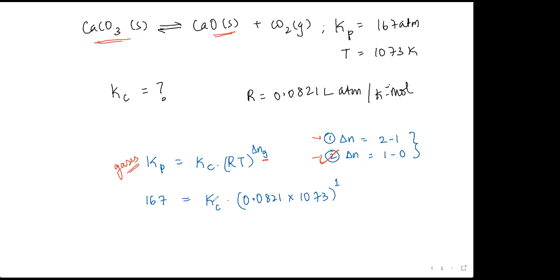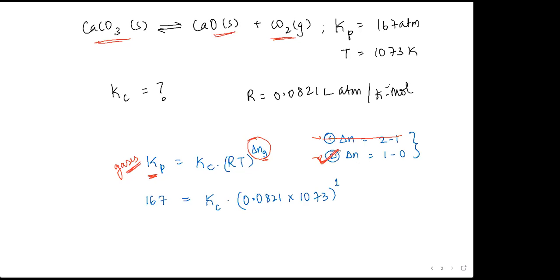In case of Kc, you need to include concentrations, but for Kp, solids and liquids don't have partial pressures. So whatever delta n you come across only deals with the number of moles of gases, which is why you get delta n equal to 1, not because it is 2 minus 1, but because it is 1 mole of gas on the RHS minus 0 moles of gas on the LHS.